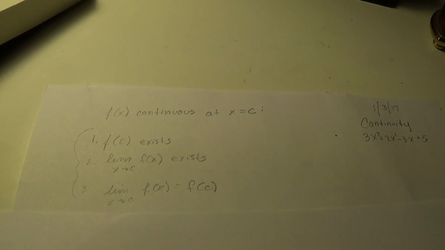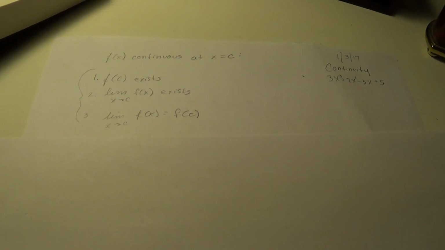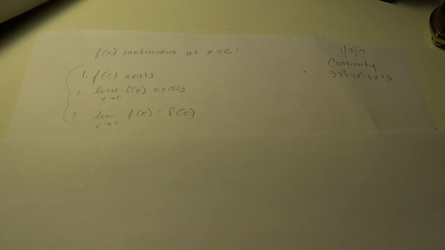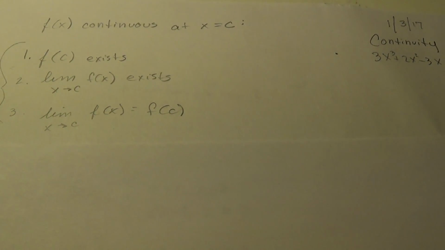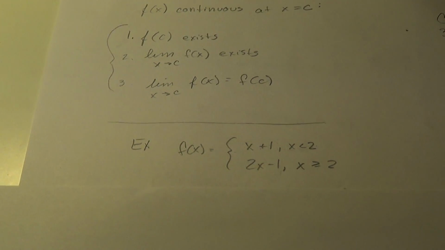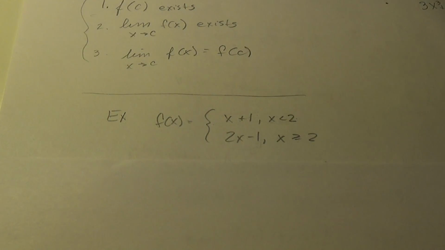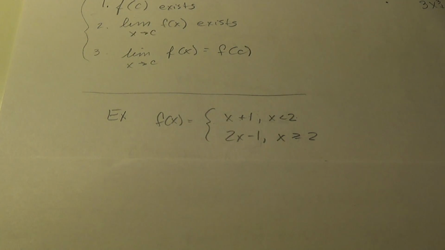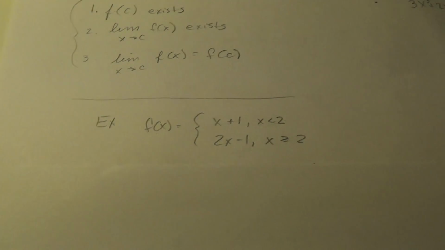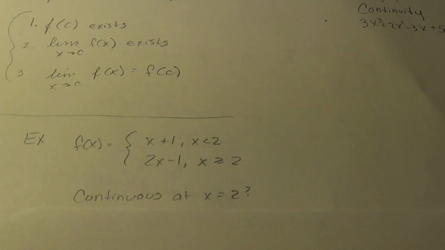So we'll just do an example or two and see how to figure that out. I'm going to pick ones that are troublesome. So let's do piecewise. Those can be troublesome. So here we have this piecewise function. And the question is, is this continuous at x equals 2?